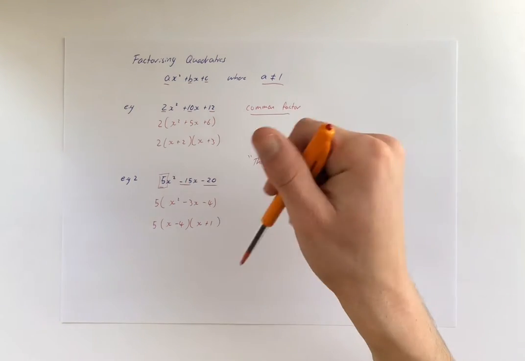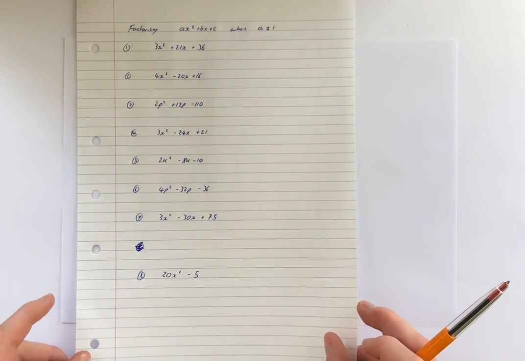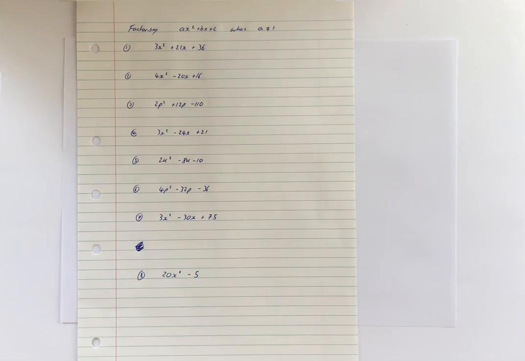So in all of these, those are the pretender because they're not actually too bad. So maybe make a note of that. Give these 8 a go. I've given a bit more room to do 7 and 8, so hence the scribble there. So pause the video on those and give them a go.